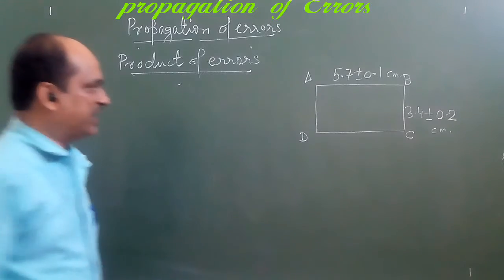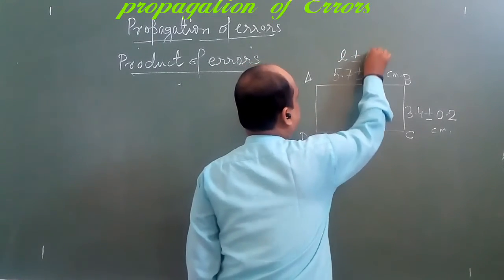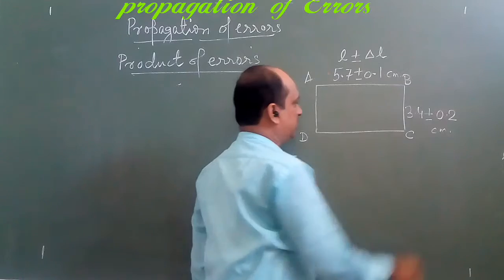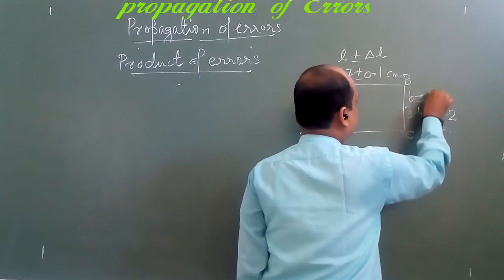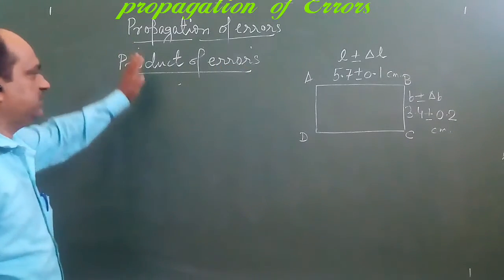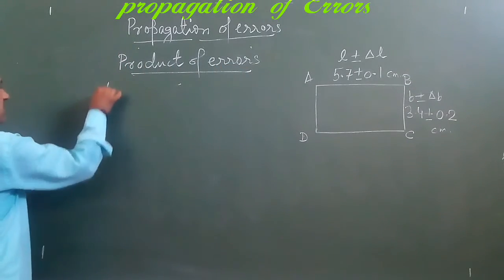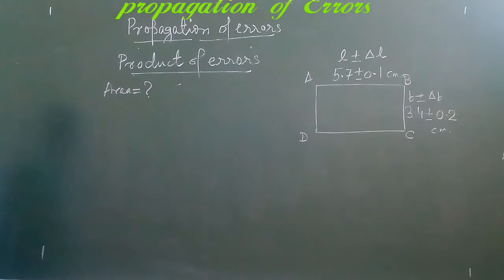Okay? So this one is L, plus minus delta L. This one is B, plus minus delta B. And we have to find the area of this rectangle.